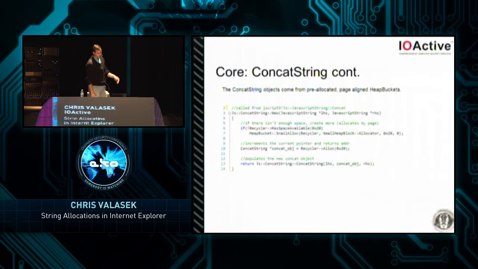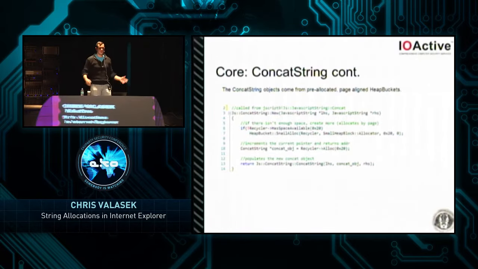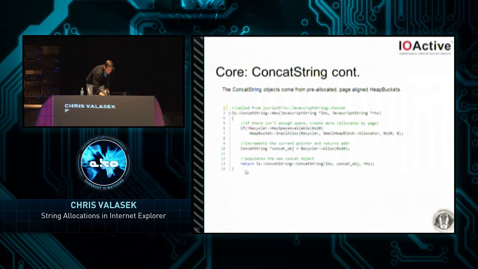So here's some pseudocode for concat string. I called the one left-hand side and the other right-hand side, because you do like A concat B. What happens first is it creates a concat string object, which is 0x20 bytes from the recycler, as you see right there. And then it creates a new concat string.